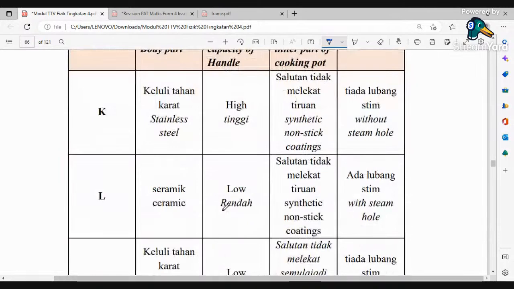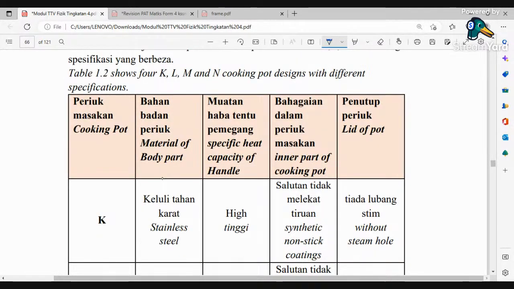Okay, you see here the properties: material of body part, specific heat capacity, inner part of cooking pot, and lid of pot.